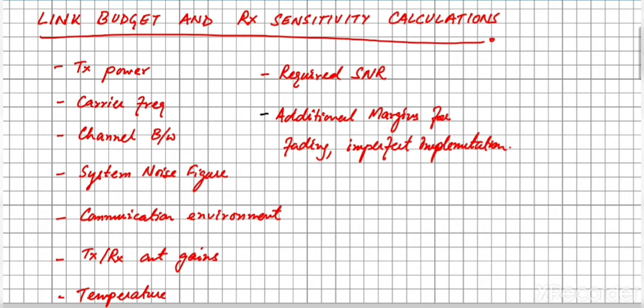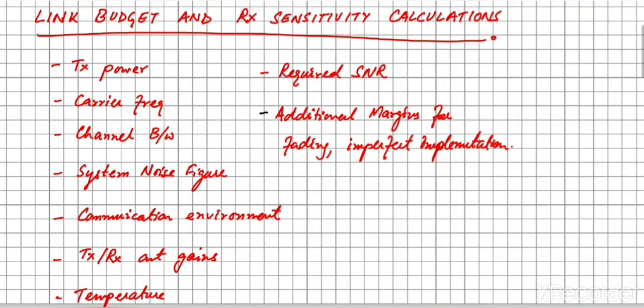There will be a discussion of various items, and towards the end of the lecture, we will see how all these discussions combine together to form what we refer to as the receiver sensitivity calculation, and then eventually how all these discussions help us to do the link budget calculations. So now we start with the first one. And the first topic that we are going to discuss today is referred to as path loss.